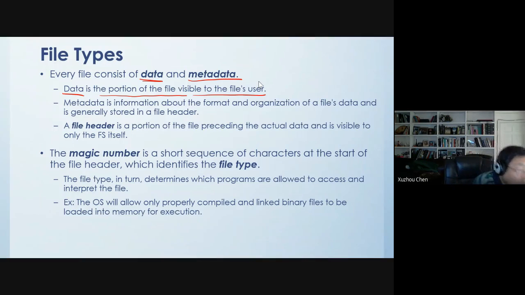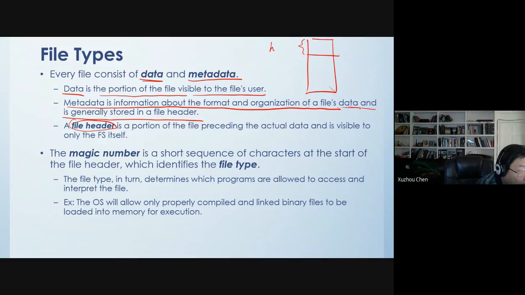Now, the metadata is the information about the format and organization of the file's data, and is generally stored in the file header. So when you store a file on the hard disk, the file contains two parts: the first part is the file header, and then the data.